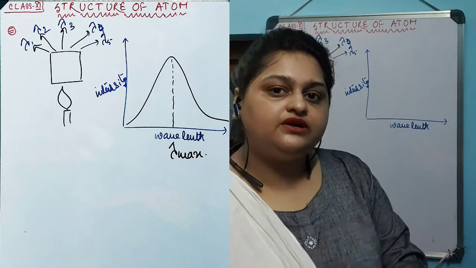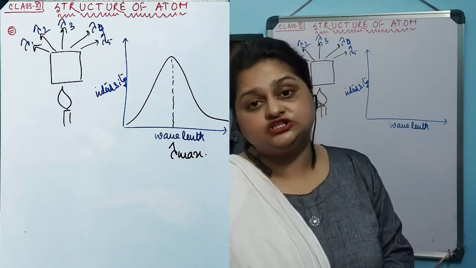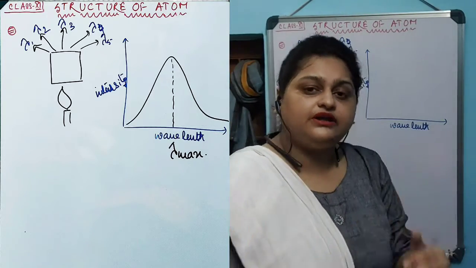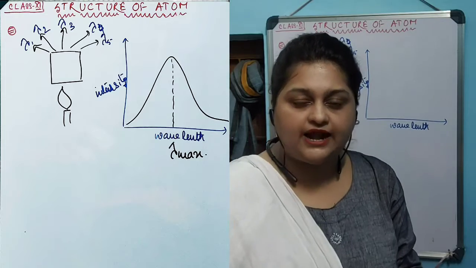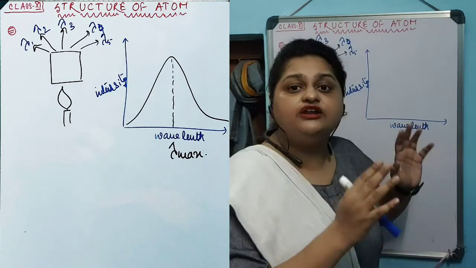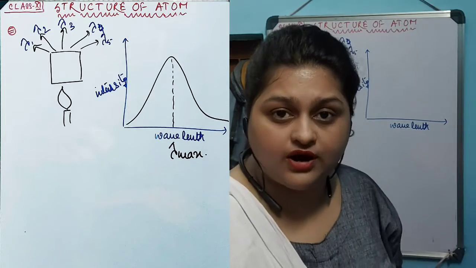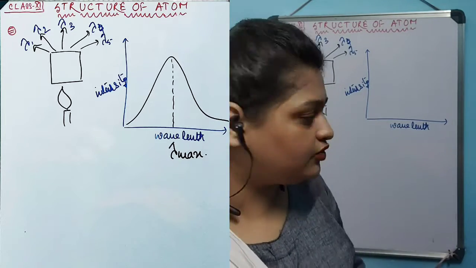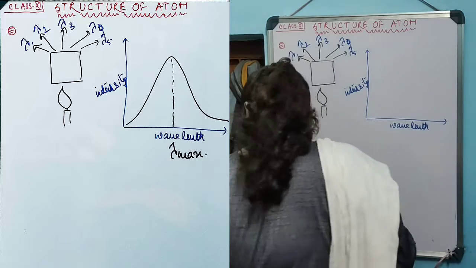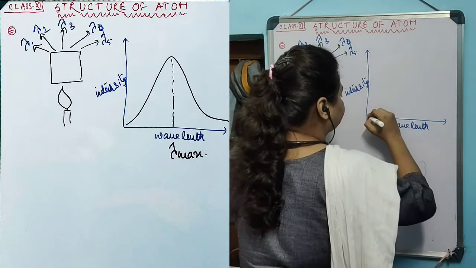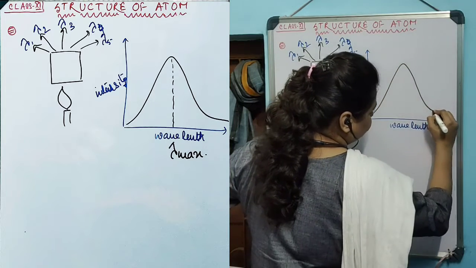There will be certain lambda values, certain radiation that this body is emitting in the maximum amount, and certain radiation that it is emitting in a very low amount, and some emission that is extremely low. When this plotting was done, the plot was found to look like this.